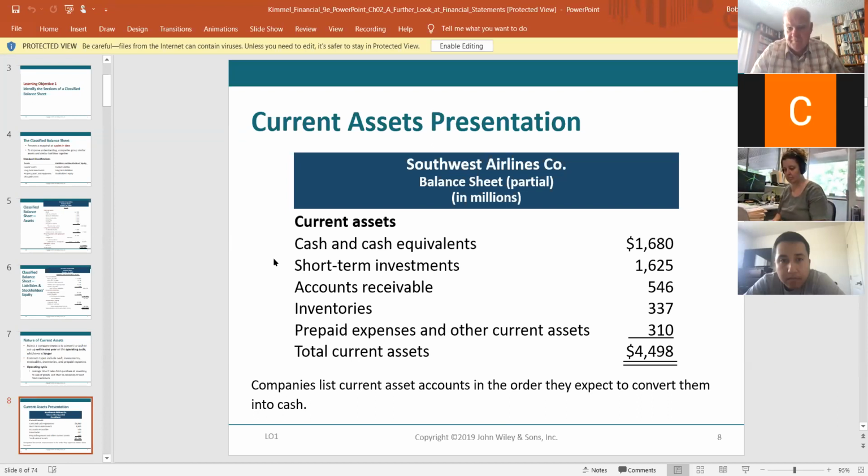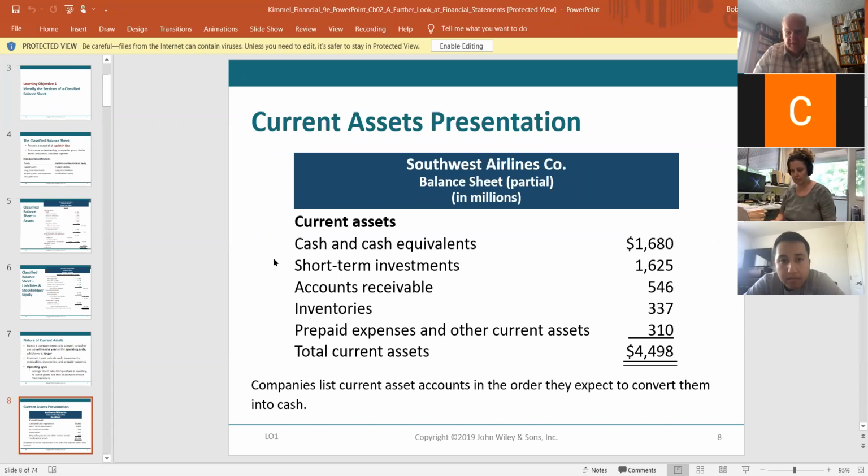Accounts receivable, that represents the dollars that your customers owe you at that point in time. So at that point, Southwest Airlines customers owed them $546 million. Okay, accounts receivable. You expect to get your accounts receivable in 30 days, 60 days maybe at the most as a general rule.